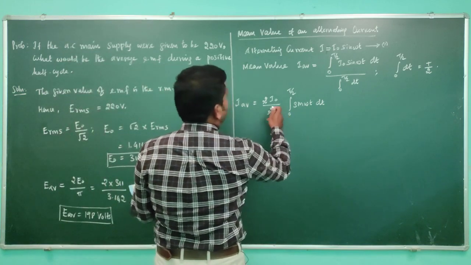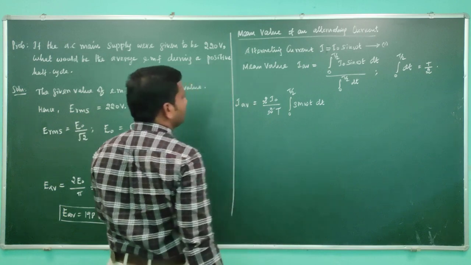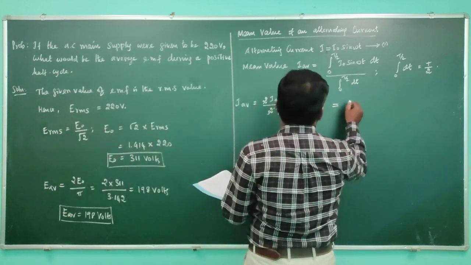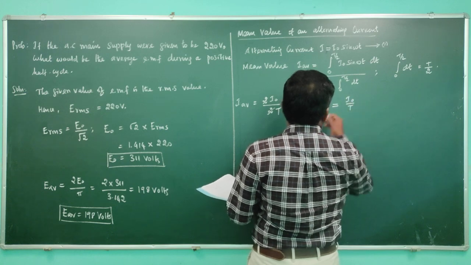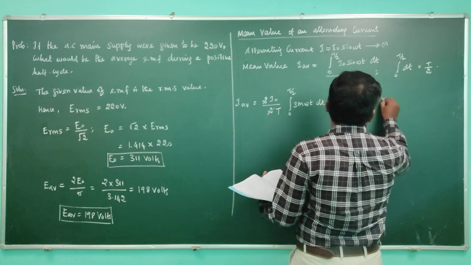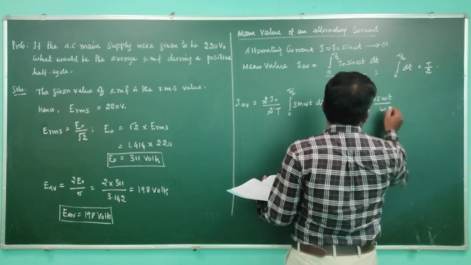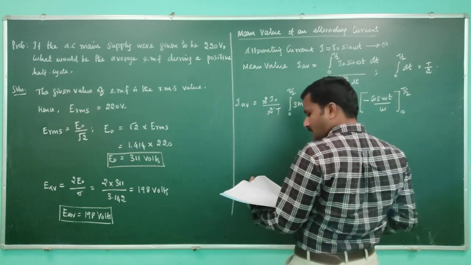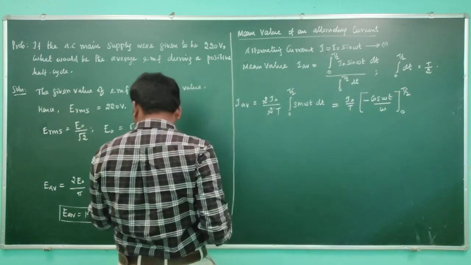There is a T here, so T by 2, and 2 by T. Good. So this is equal to I naught by T. The integral of sin omega t is nothing but minus cos omega t by omega, from 0 to T by 2.